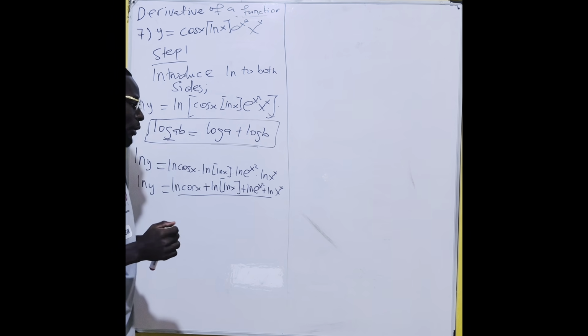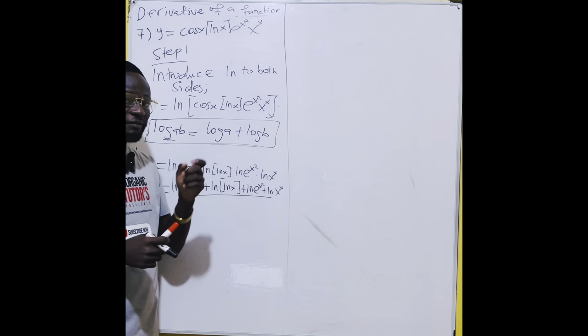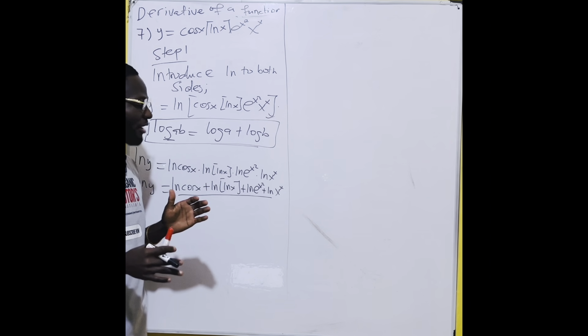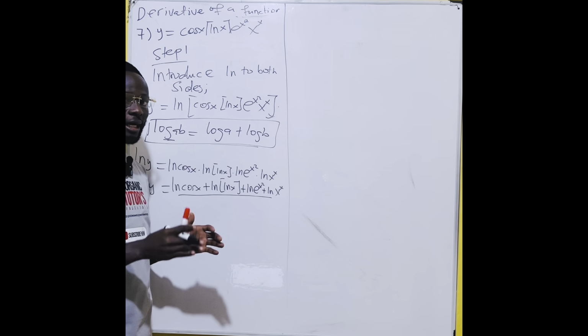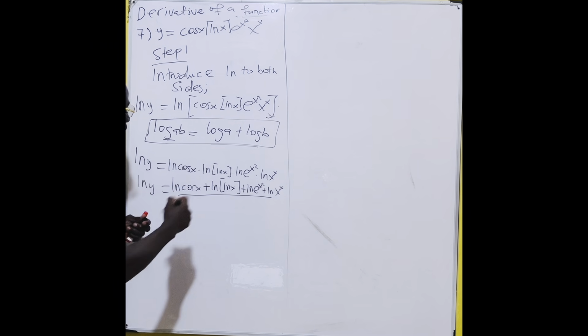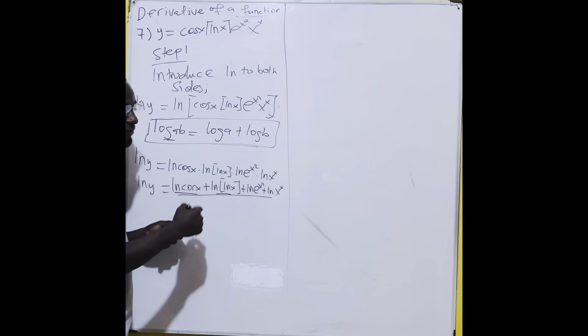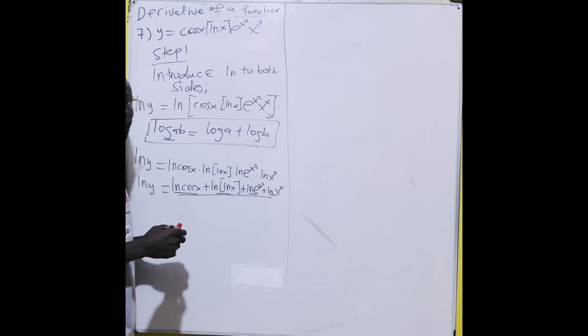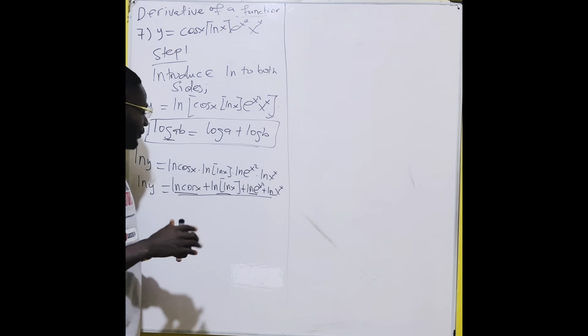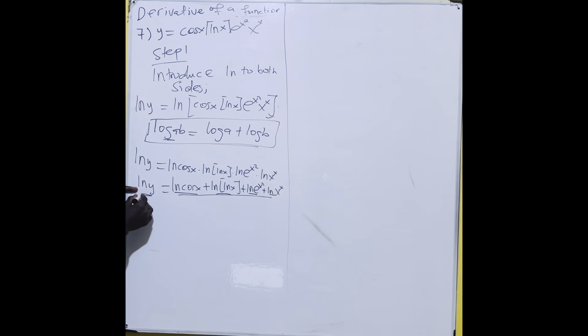Now, for us to be able to differentiate it with ease, we have to differentiate it one after the other, right? So we pick the first term, differentiate, pick the second term, differentiate, pick the third term, differentiate, then we pick the last term and also differentiate, then we combine all, right? So let's start from the left hand side.